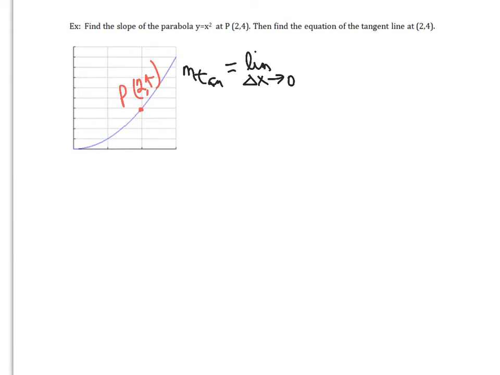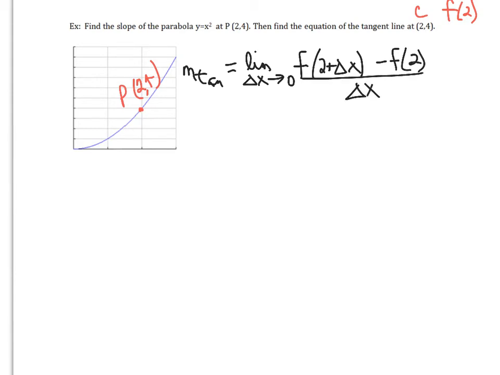Now, looking carefully, I know that my c value is equal to 2, and my f of 2 value is equal to 4 in this case. So I'm going to use the formula f of c plus delta x, but in this case my c is 2. So I'm going to say f of 2 plus delta x minus f of 2 all over delta x.